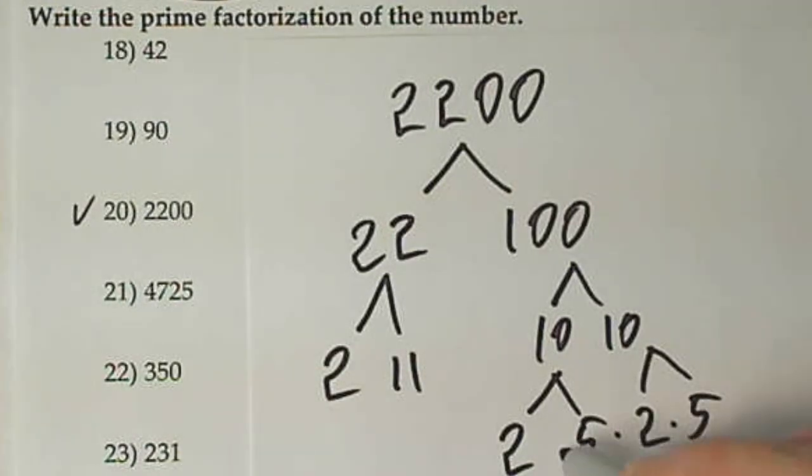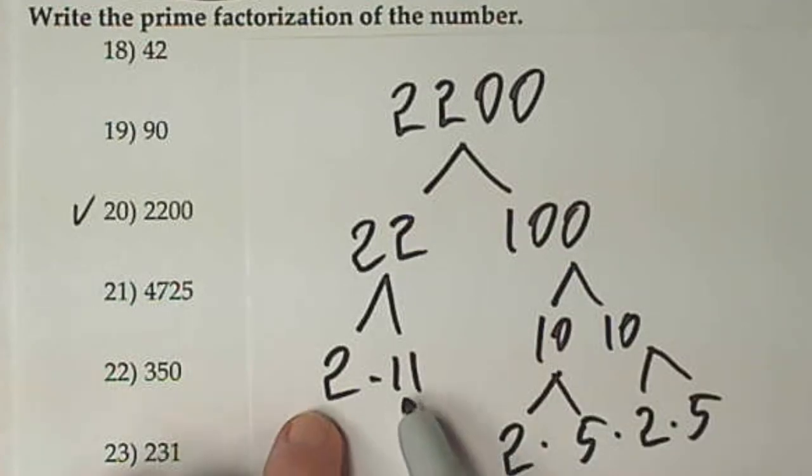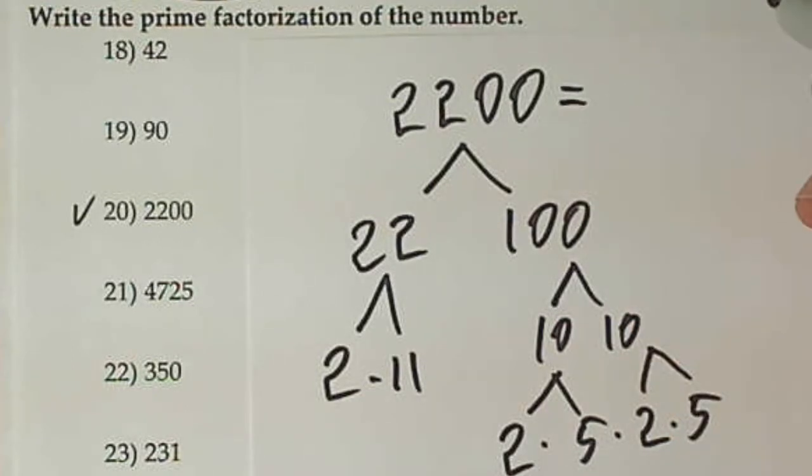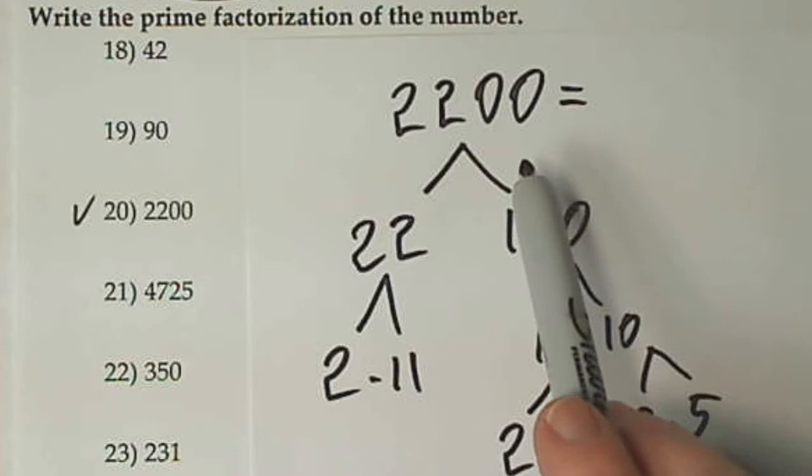Alright, and basically you keep going until you have all prime numbers down here. Alright, so the prime factorization of 2,200, I should not have used the word and.